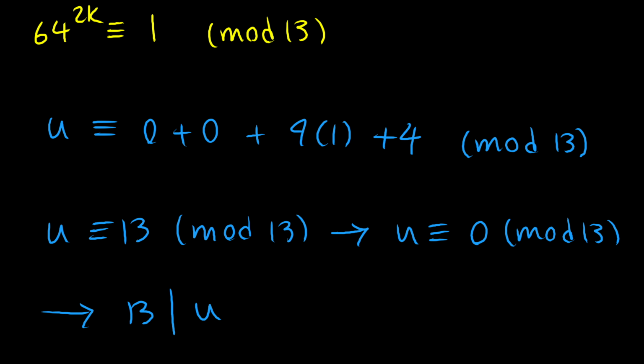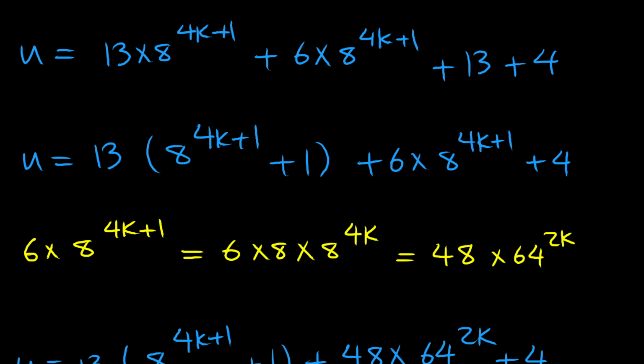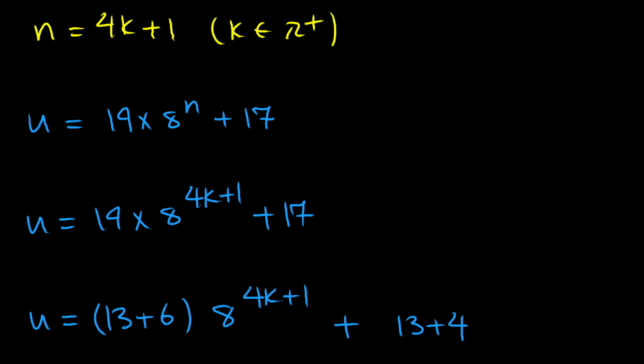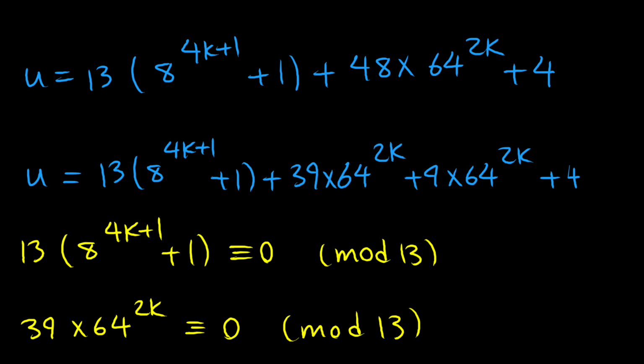And this is true if n is equal to 4k plus 1, right? So next, let's go ahead and talk about the last scenario where n equals 4k plus 3. Let's say that n equals 4k plus 3, where k is a positive integer.